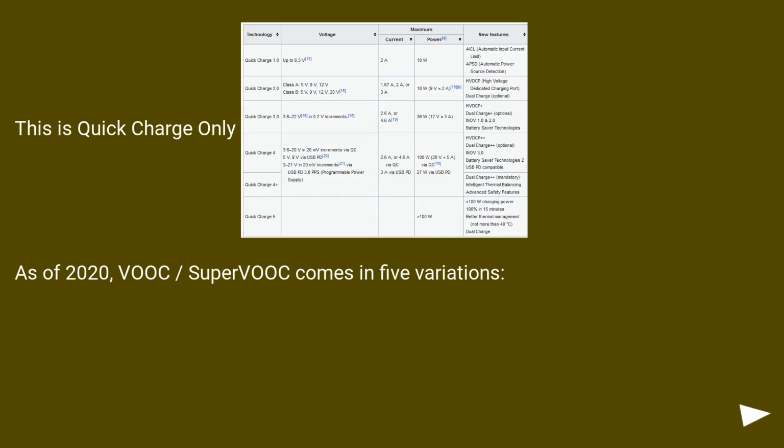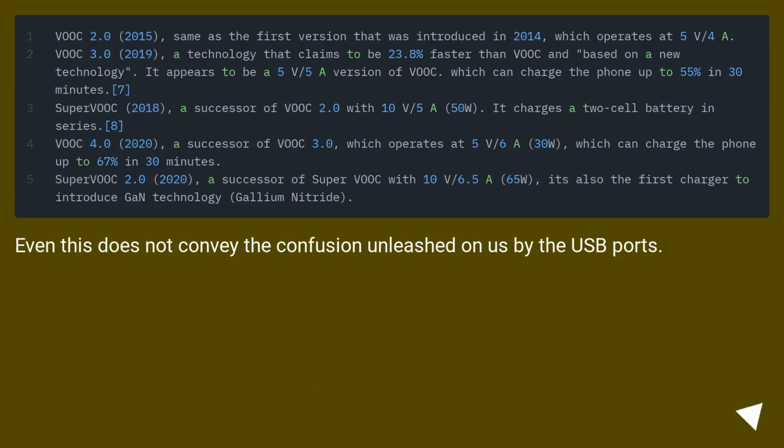As of 2020, VOOC and SuperVOOC come in 5 variations. Even this does not convey the confusion unleashed on us by the USB ports.